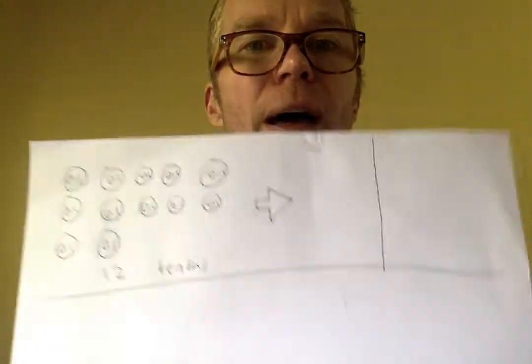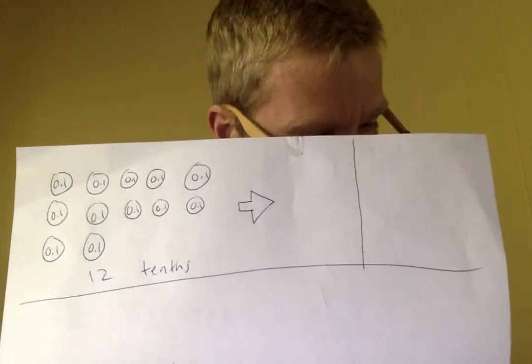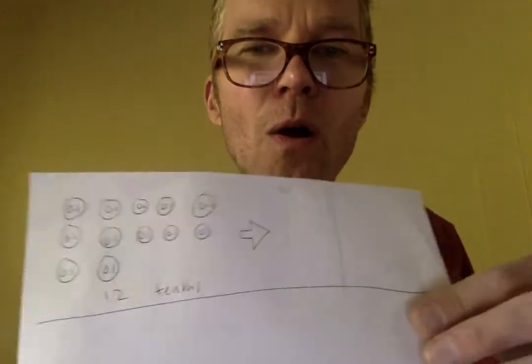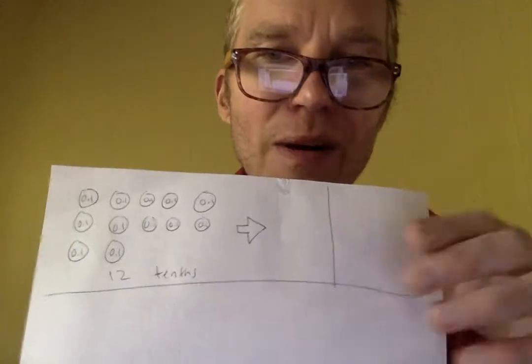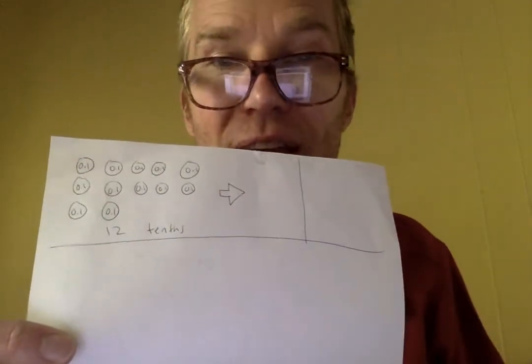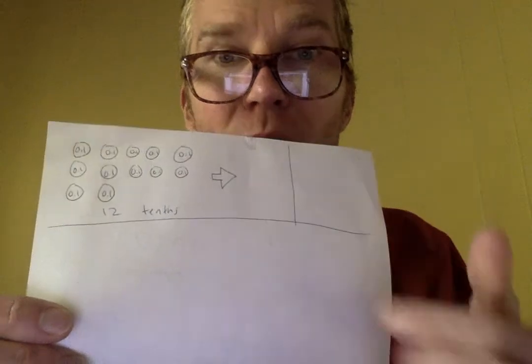Think about how you're going to do that. Here's how they help you out. They say, you know what, I'm just going to collect 10 of those tenths and make that a 1. Because how many tenths are there in 1? 10 of them. 10 tenths, remember, aka the whole. AKA 10 tenths is 1.